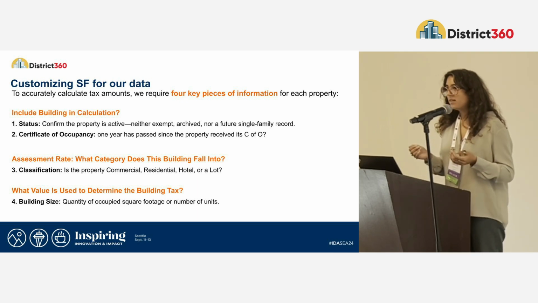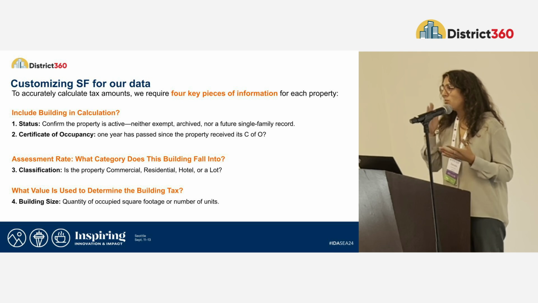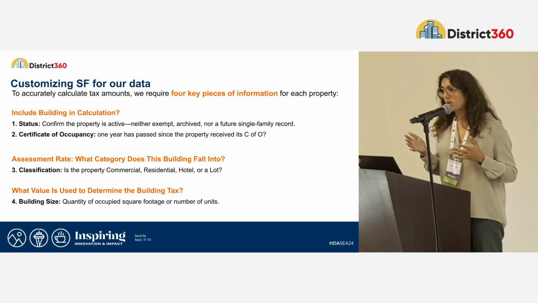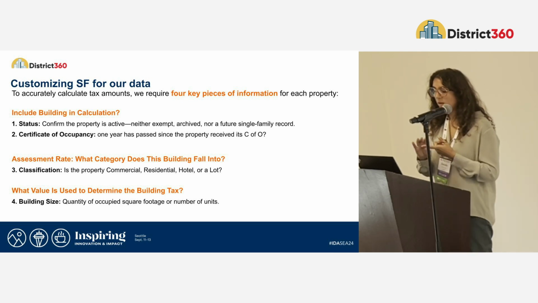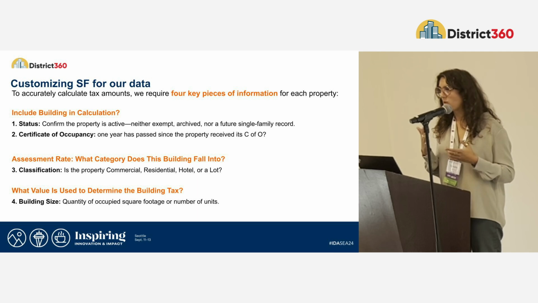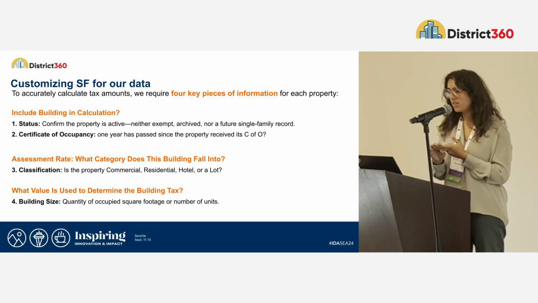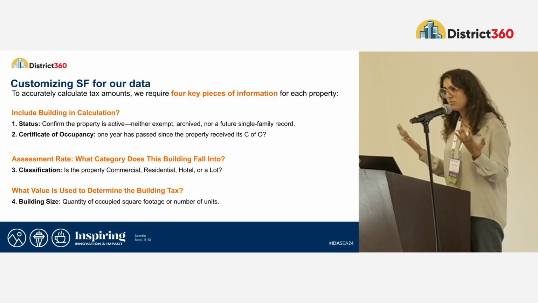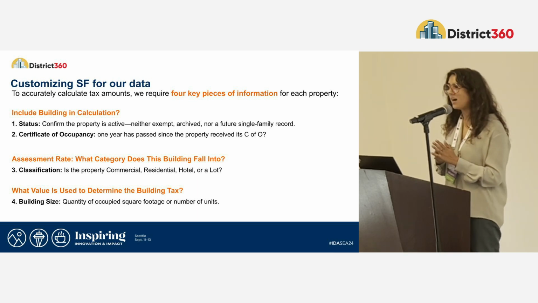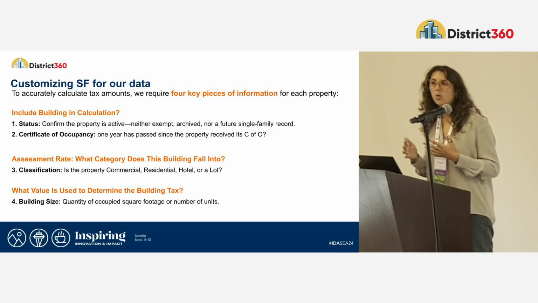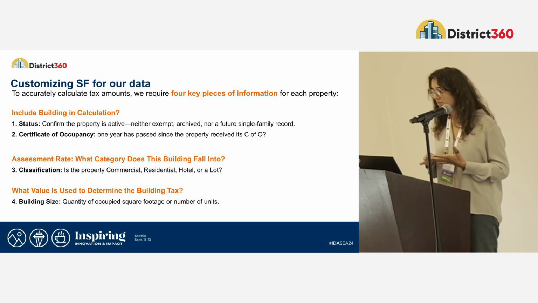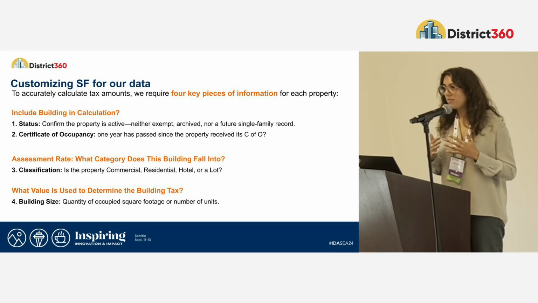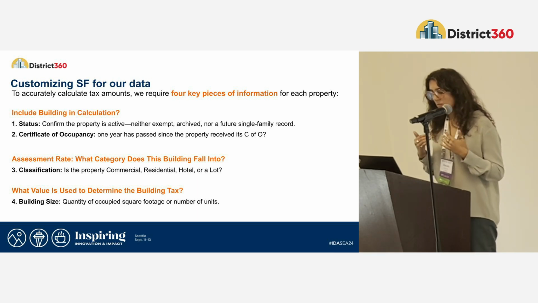The assessment rate for the buildings that are included, the buildings will be included as one of four classifications. It will be commercial, which is either office or multifamily; residential, which is condo owners; hotel, which we know what those are; and then lots, which are either parking lots or just buildings that are under 50,000 square feet. And then the fourth and final piece of information is the building size.